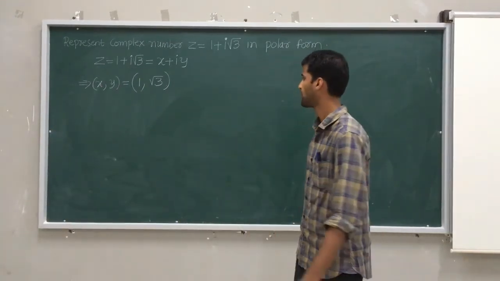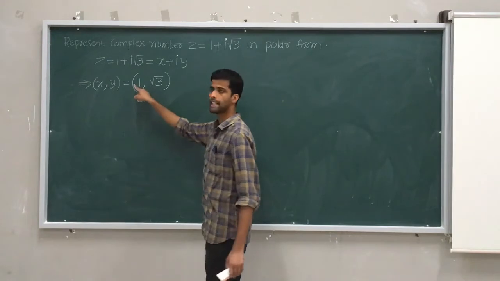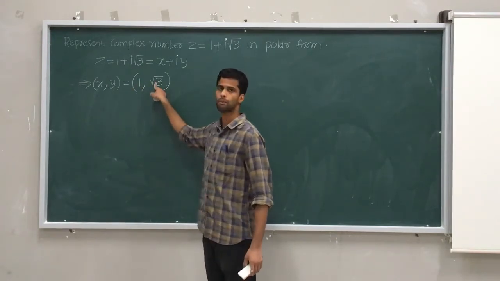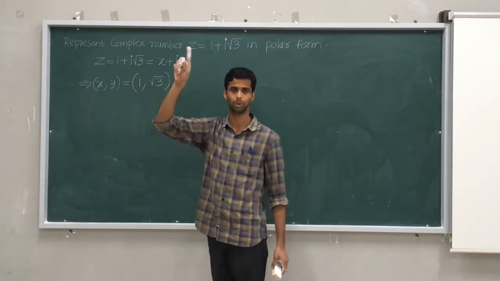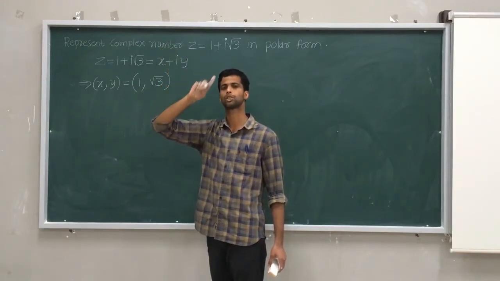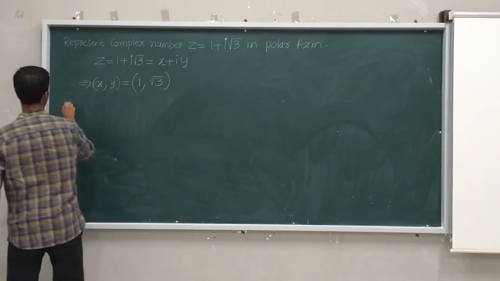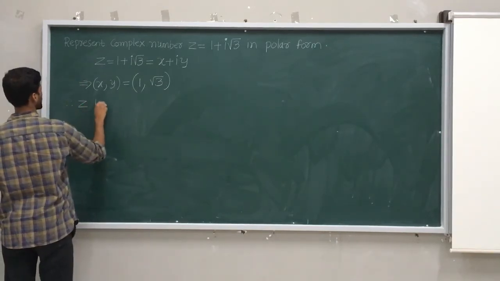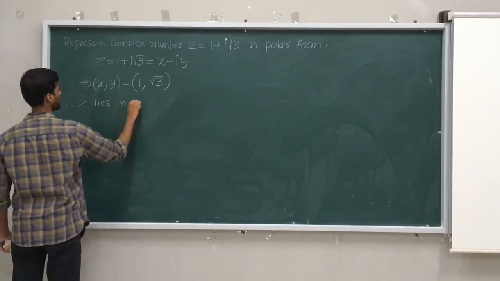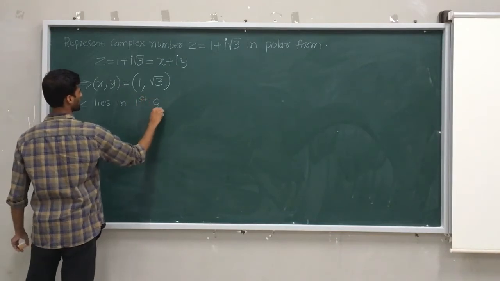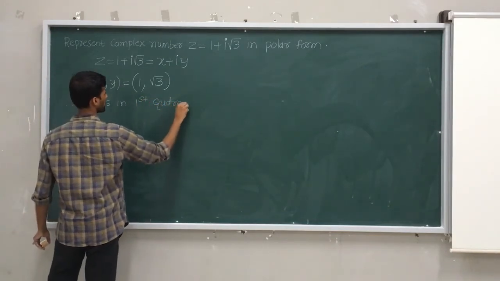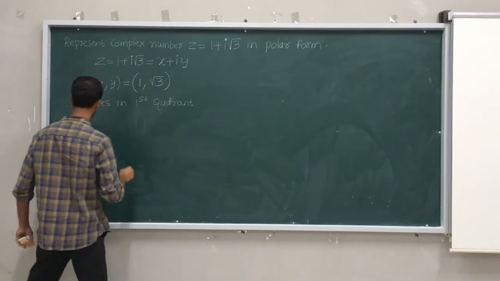So now this gives me an indication that both are positive. Both positive means first quadrant. So obviously that complex number x comma y lies in the first quadrant. Therefore, z lies in the first quadrant. Okay, this is the confirmation.